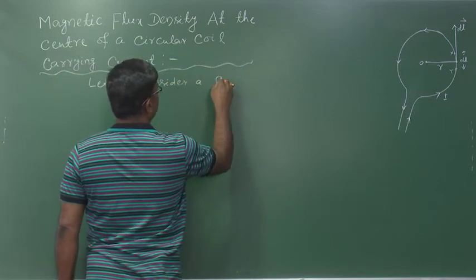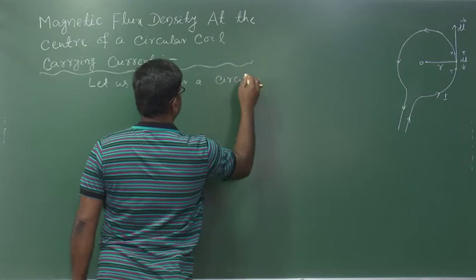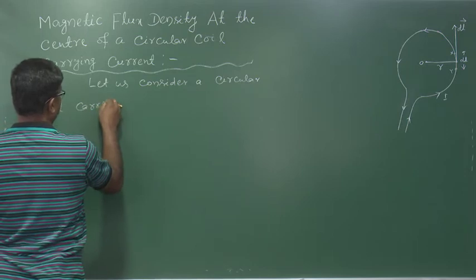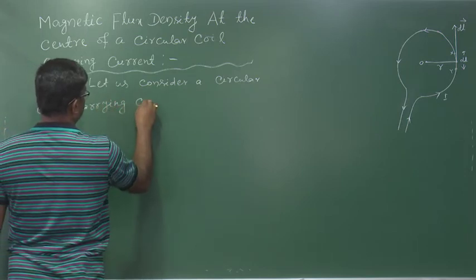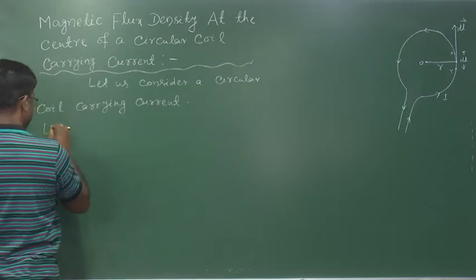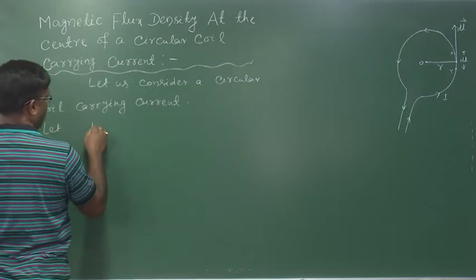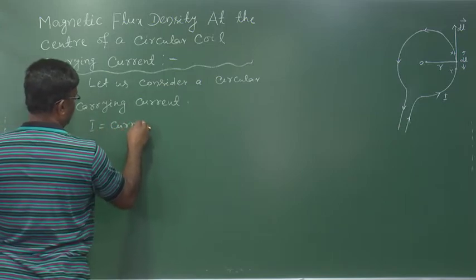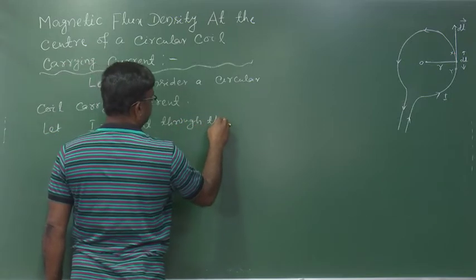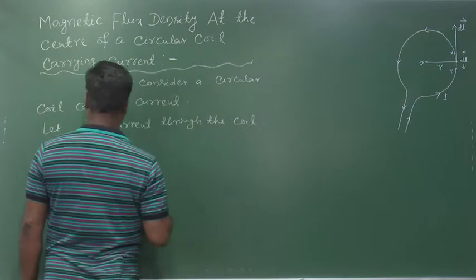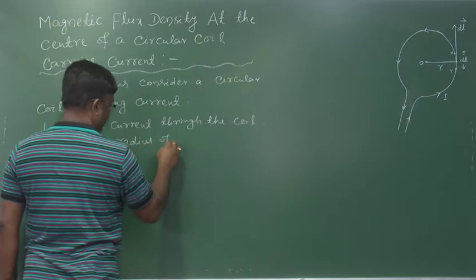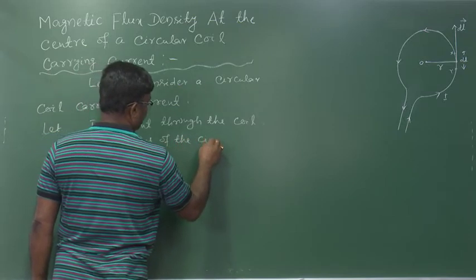So, let us consider a circular coil carrying current. Let I be the current through the coil. Small r is the radius of the circular coil.